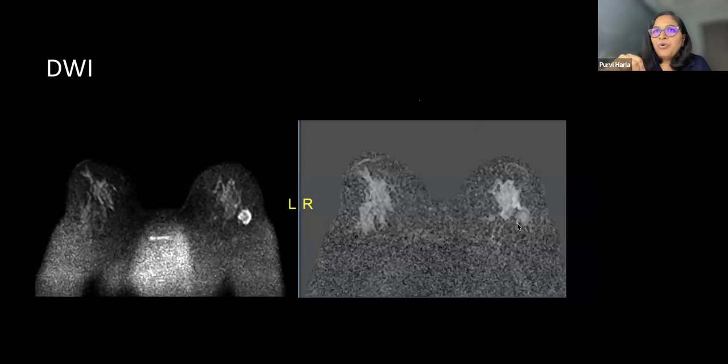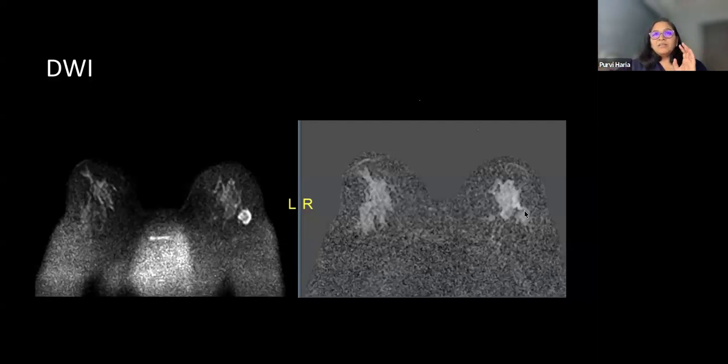So whenever your report mentions that a lesion shows restricted diffusion, it means there is this bright signal and a signal drop. The basic pathology of restricted diffusion is that there are less freely mobile protons in that lesion, causing restriction.